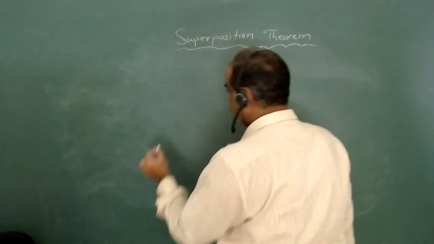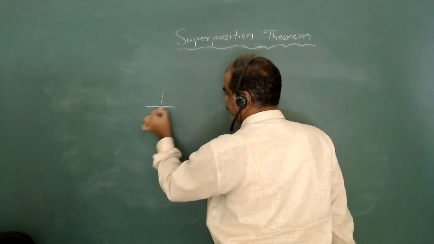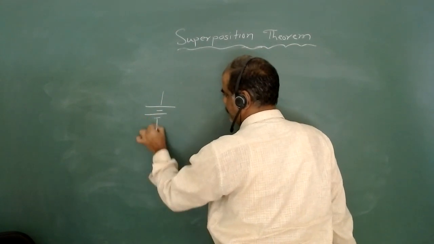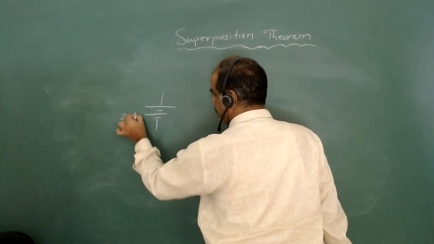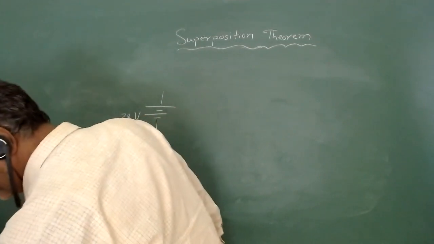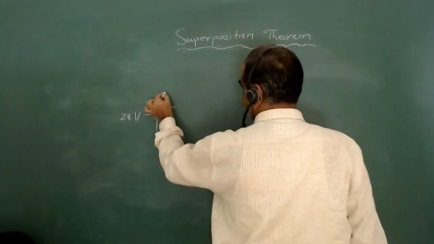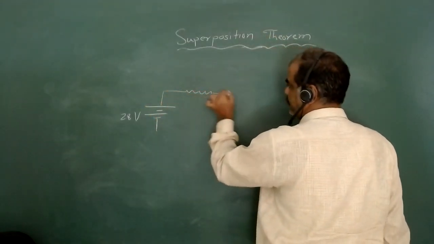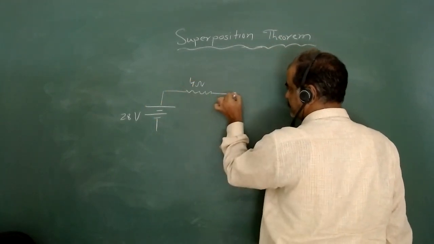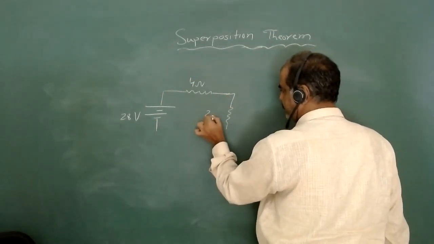So suppose I have been given this 28 volt battery, and across it I have this 4 ohm resistance. Here I have a 2 ohm resistance.